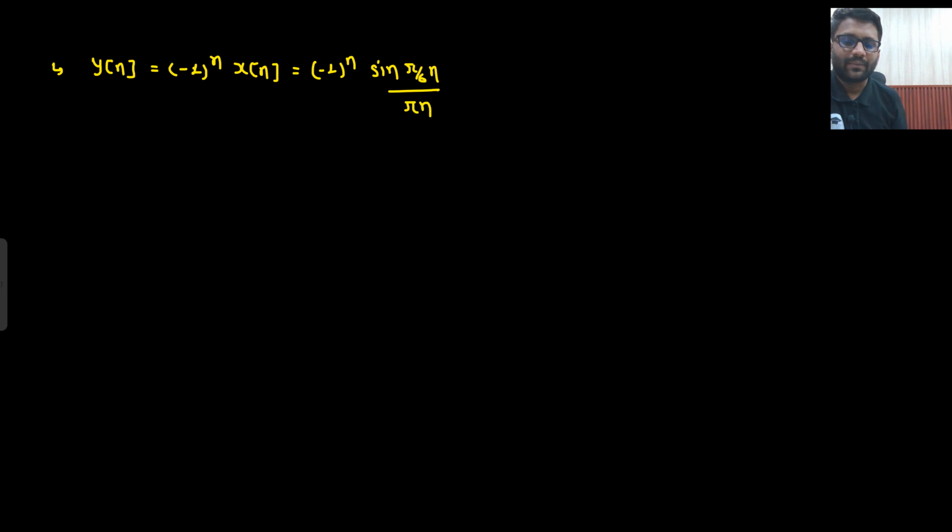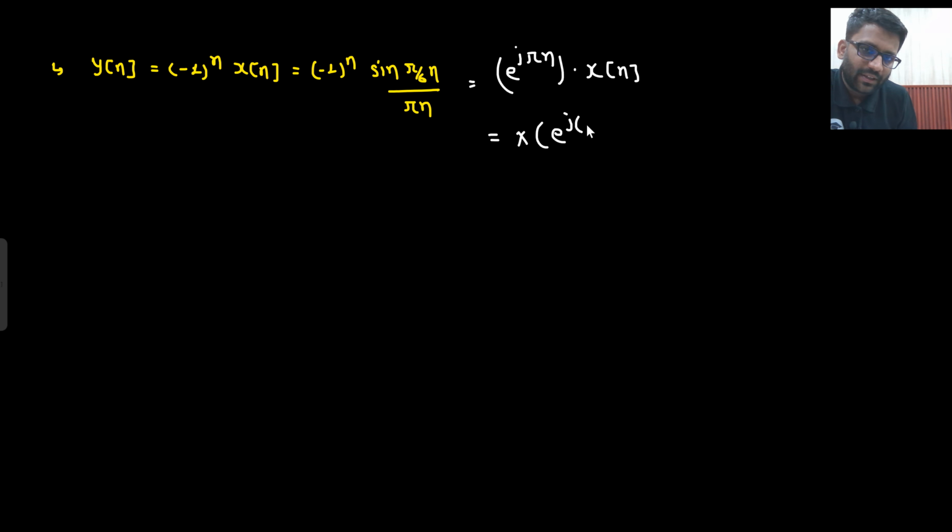So let's take an example: sin(pi by 6 n) divided by pi n. You know how to draw the frequency spectrum of this one. What you will say is that minus 1 to the power n can be written as e to the power j pi n times x of n, so X(e^j(ω minus pi)).